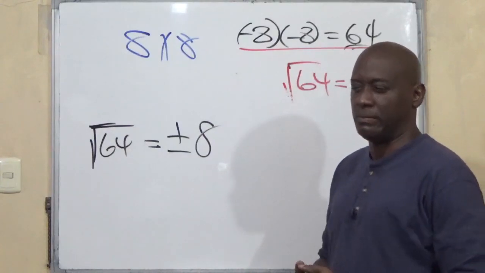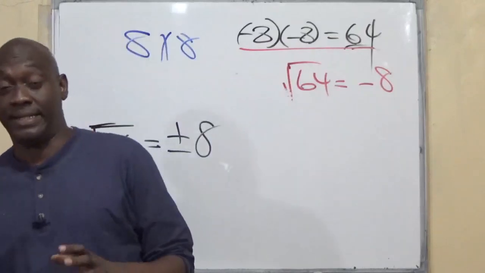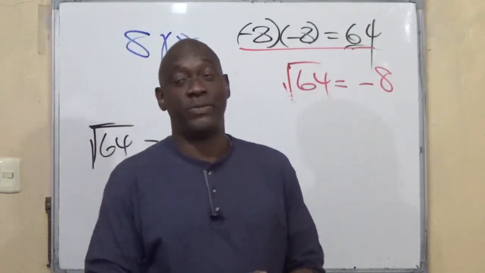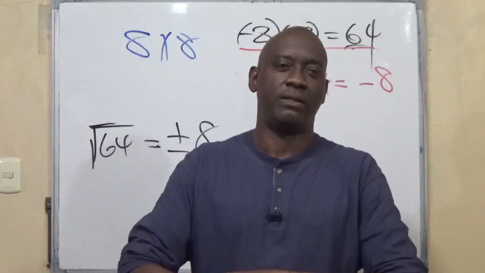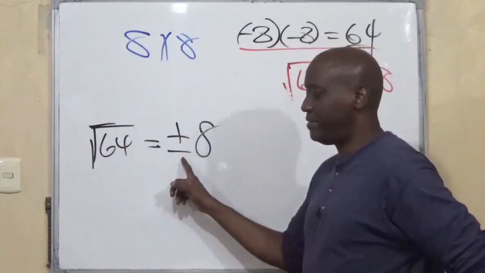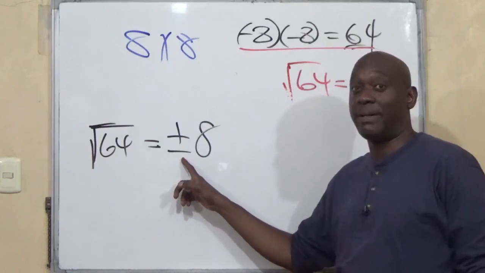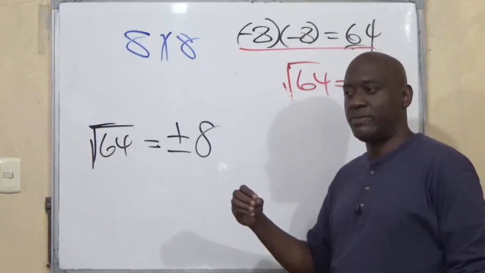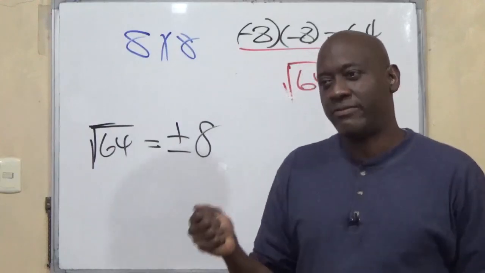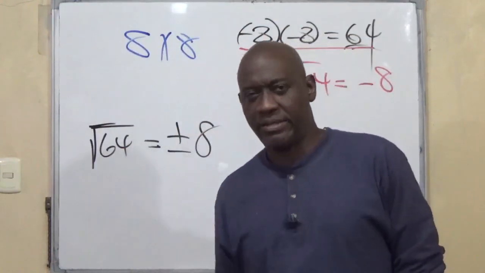And indeed, depending on the topic or the circumstance in which you find yourself mathematically, there are situations where failing to consider the negative 8 will put you in hot water mathematically. Right? There are certain circumstances where if you only consider the positive square root, you will have an incomplete consideration of the situation.